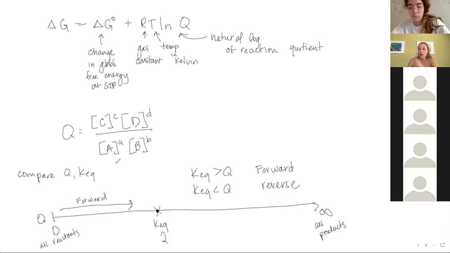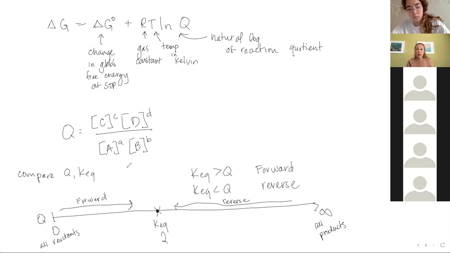If KEQ is bigger, that means we need more products on the top of our ratio to get us a larger number, closer to this KEQ. If KEQ is lower than us, that means that we are too product heavy. We are too high on the top of our ratio. We need to proceed in the reverse direction, and we need to try to increase the amount of reactants that we have, which is on the bottom of our ratio.